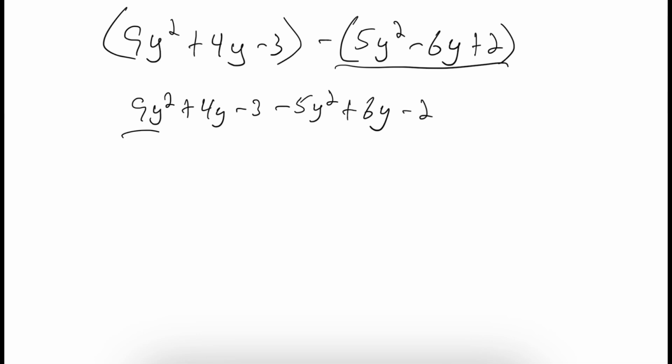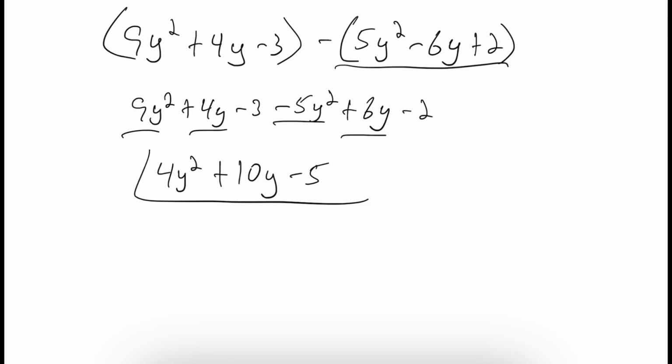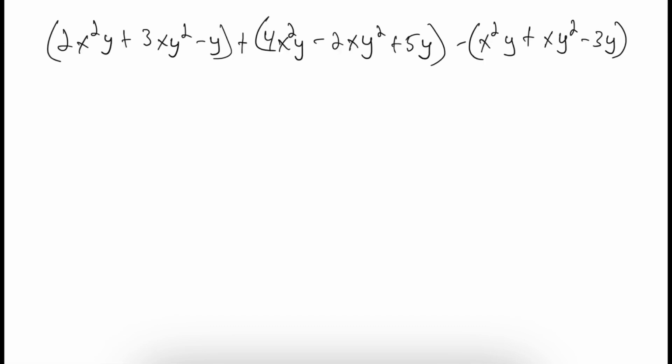So now 9y squared minus 5y squared is 4y squared. 4y plus 6y is plus 10y. And negative 3 minus 2 is negative 5. And there's our final answer.